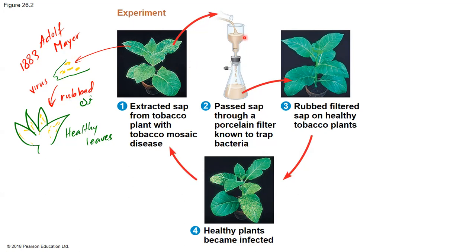But Martinus did this experiment where he took infected leaves and prepared what we call a sap. So he extracted the liquid, or the sap, from the plant. You could say he blended or ground the plant leaves and prepared an extract, a liquid called the sap, and then he filtered the sap through a filter.